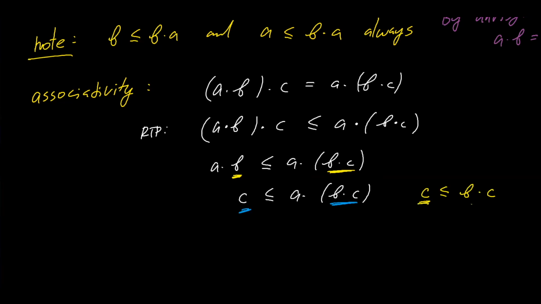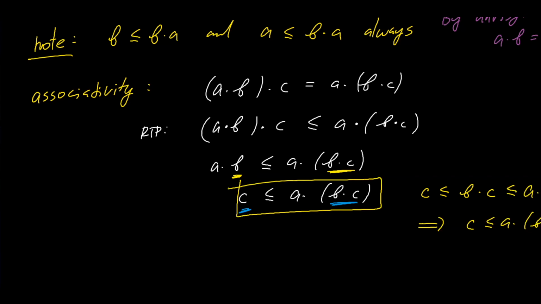Any factor is less or equal to the entire product. That's what this rule says, right? But B dot C itself is a factor of that, right? So that will be less or equal to A dot B dot C, right? And combining this by transitivity, we get C is less or equal to A dot B dot C, which is what we wanted right here. So that part has been established thanks to transitivity.